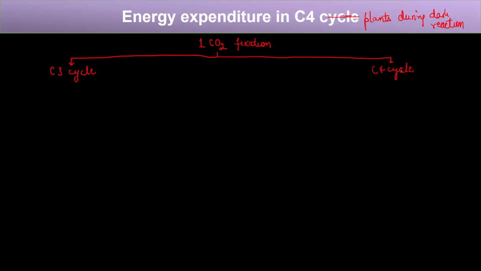We have seen in the previous lecture how many ATP and how many NADPH are required in the C3 cycle for one carbon dioxide fixation.